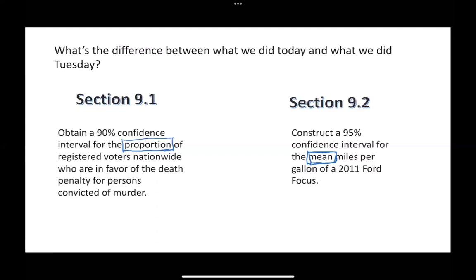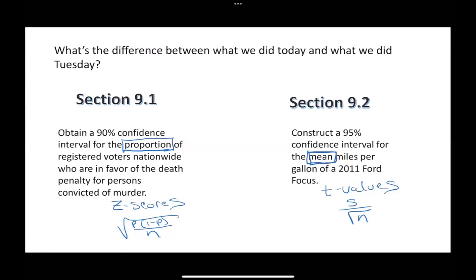So this is t values, and this is z scores. So those are the differences.